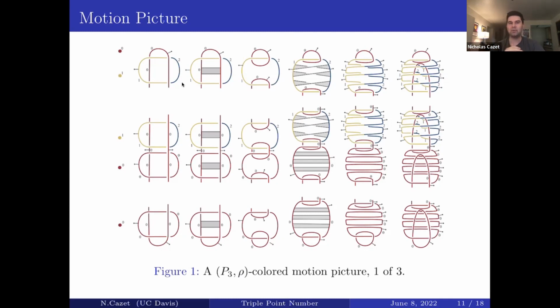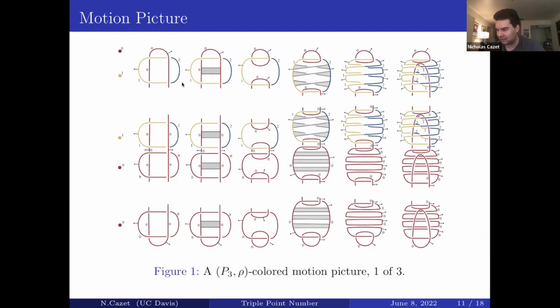So what I'm going to do is I have a broken sheet diagram, and I'm going to cut it up Morse theoretically and get a bunch of link diagrams. The colorings of the link diagrams, I do have a slide explaining this, are going to correspond to colorings of the sheets that you get.